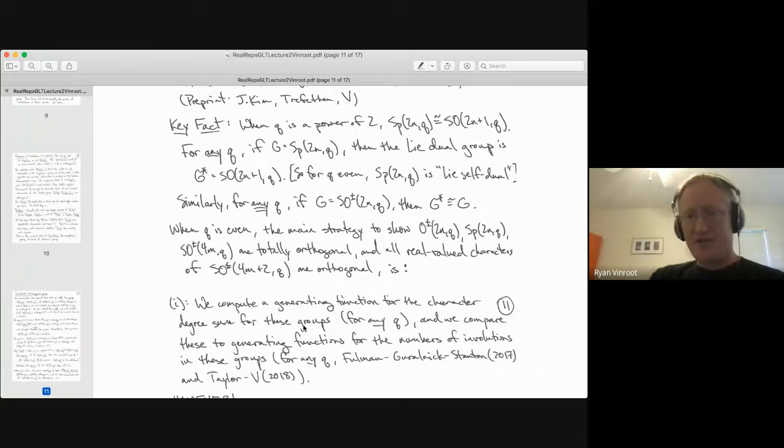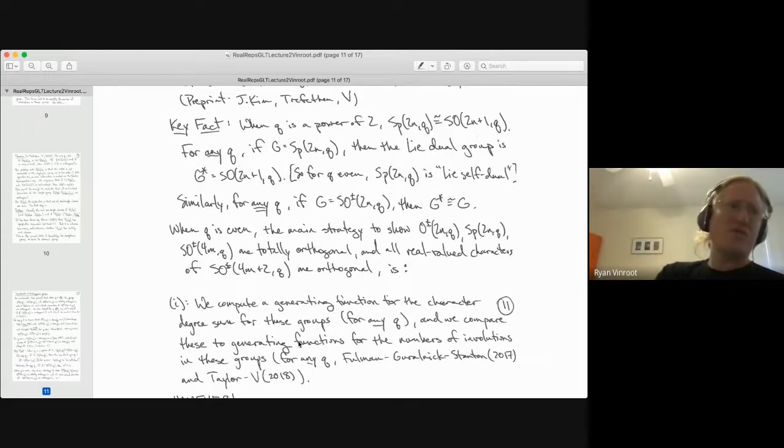We can look at the involutions. Here we have, of course, an infinite series of groups, so we construct a generating function for the character degree sum, and we want to compare it to generating functions for the number of involutions. These are also already known. The numbers of involutions in these groups, generating functions have been written down.